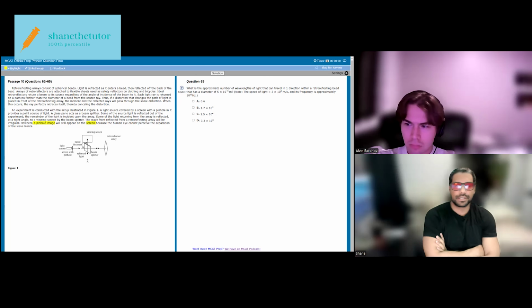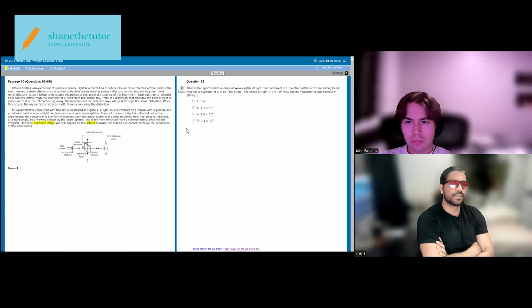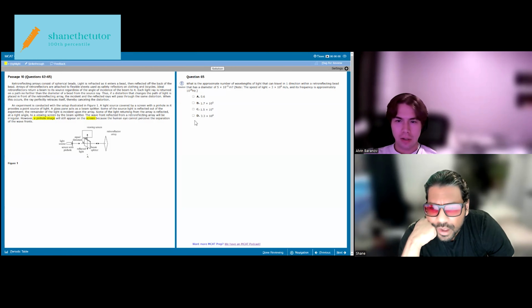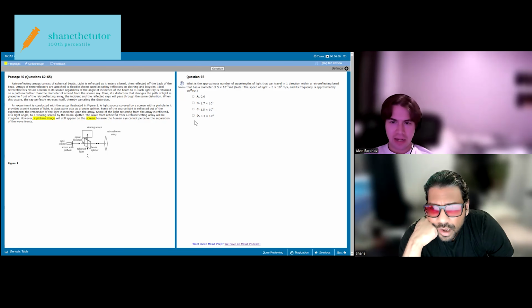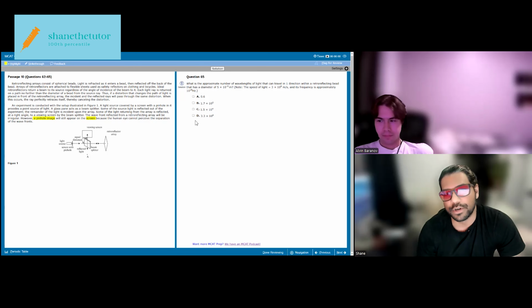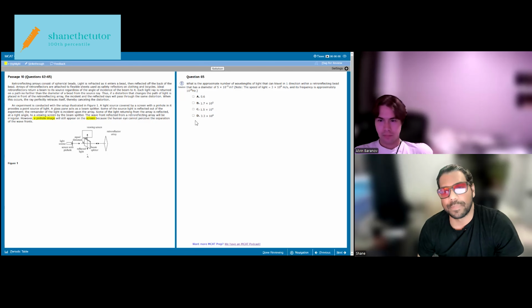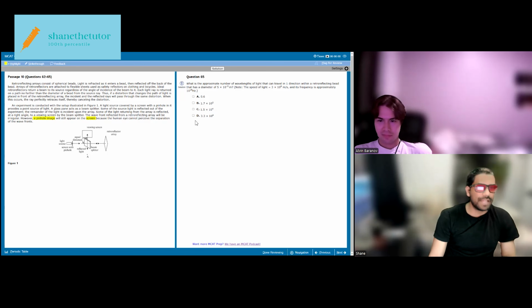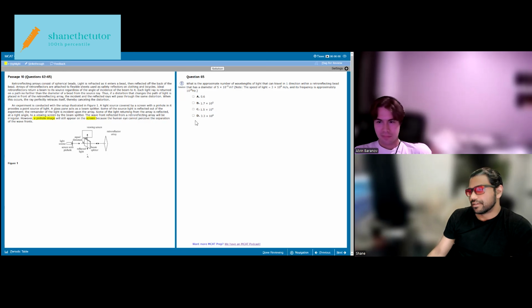What is this question asking us? The first thing I did was think about calculating the wavelength. It's a weird question. There are no units, because I guess they're asking about the number of wavelengths of light, right?